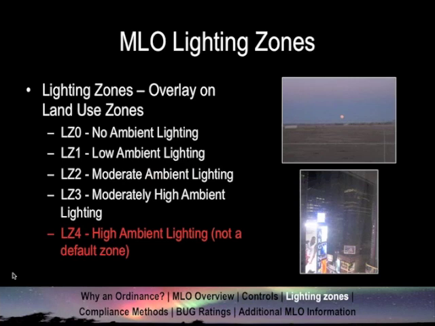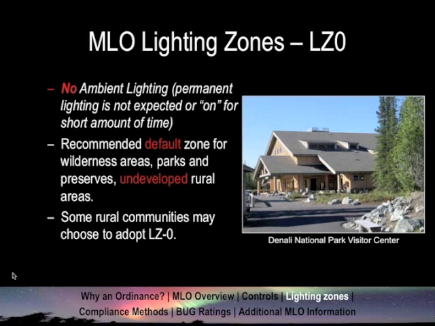For instance, right now in the state of California, which has adopted lighting zones, there is not one lighting zone 4 in the entire state of California. So I'm going to go through each of the lighting zones individually so you get a flavor of where you could apply these lighting zones to your land use zones.